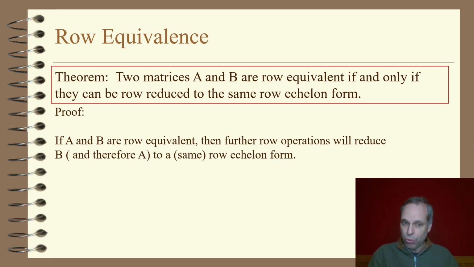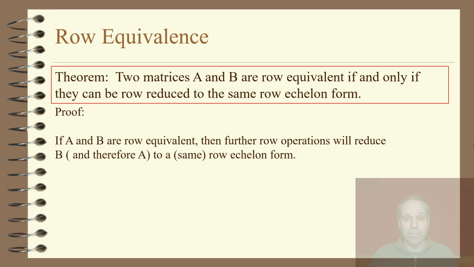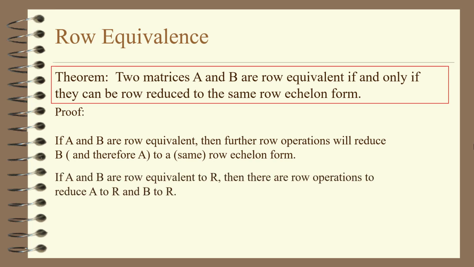Then further row operations will reduce B, and therefore A, to the exact same row echelon form. If, on the other hand, they're both row equivalent to the same row echelon form R, then there have to be row operations that reduce A to R and B to R.